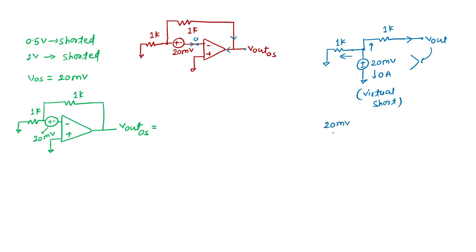So 20 millivolt by 1k plus 20 millivolt minus V out due to this offset, divided by 1k, is going to be 0. This is the one current component I call I1, this is the other current component I call I2, and the current through this 20 millivolt itself is 0.